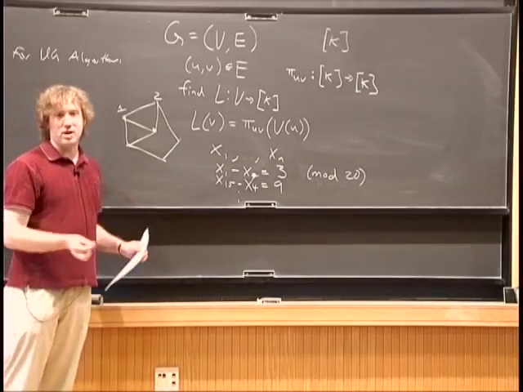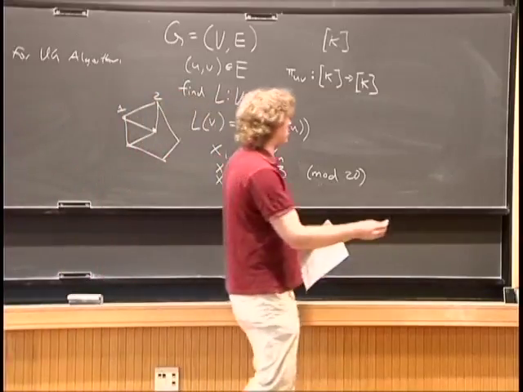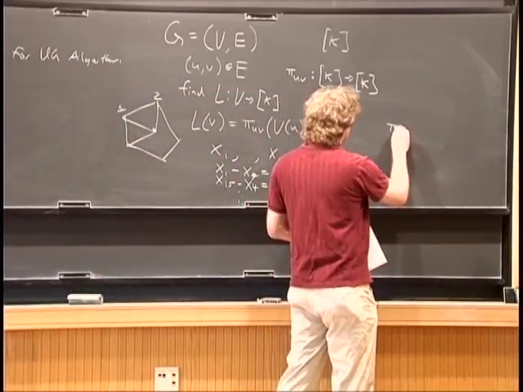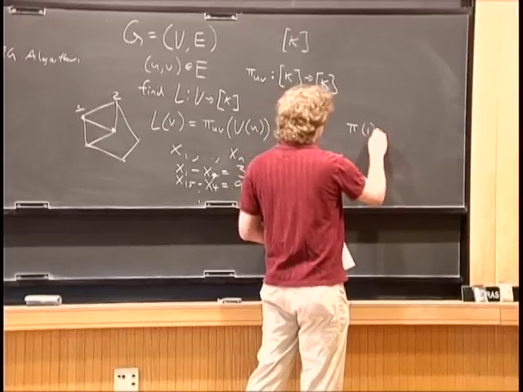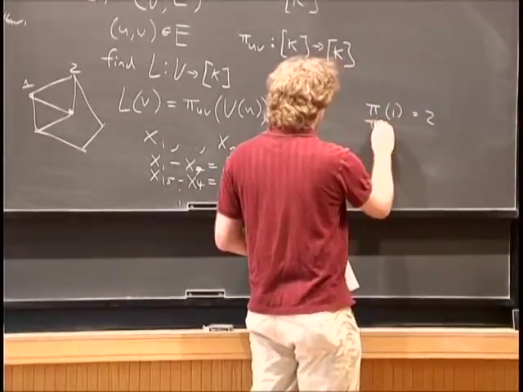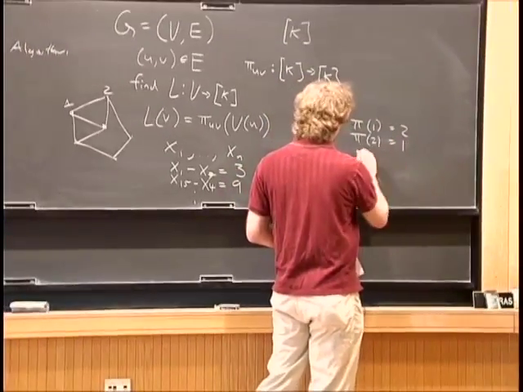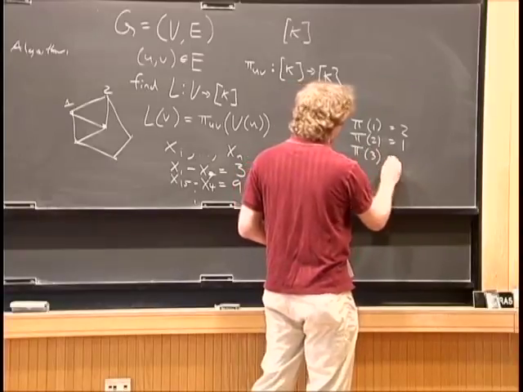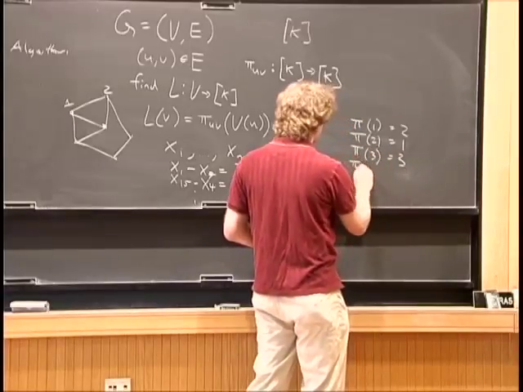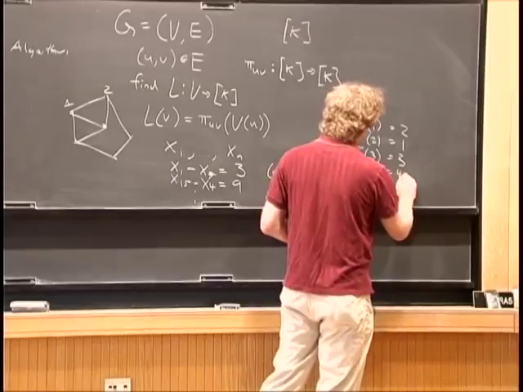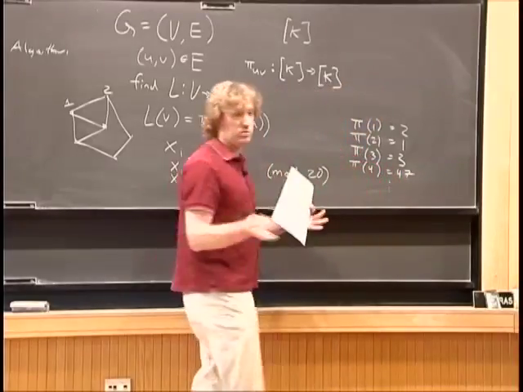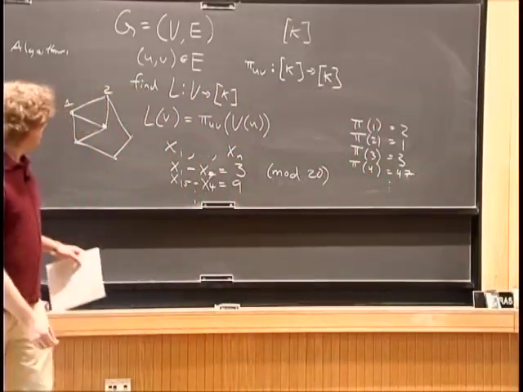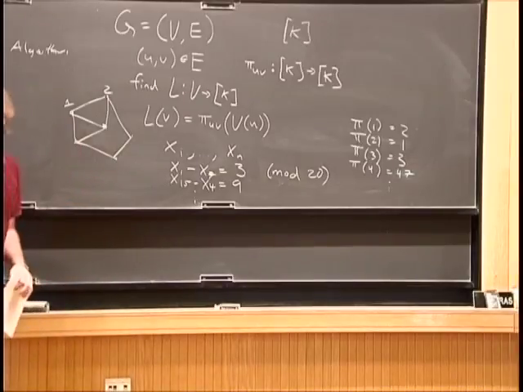You can have whatever graph you want, and you can have some permutation that says 1 maps to 2, 2 maps to 1, 3 maps to 3, 4 maps to 47, and so forth. It doesn't have to be anything nice like we've seen here.